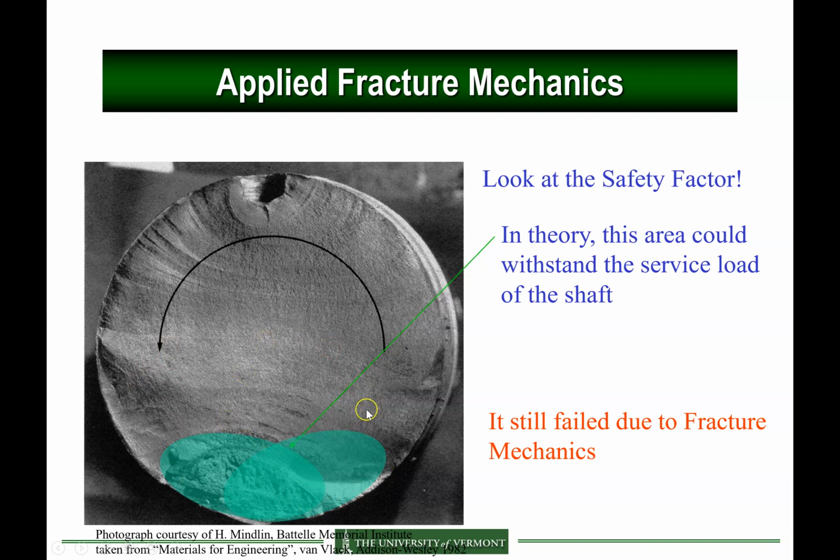Okay, so technically, in theory, the entire area is designed to sustain the load applied to the shaft, but because of the propagation of the crack, even though this ligament here should have sustained the load, the fracture mechanics led to failure of the part by catastrophic propagation of the crack here.